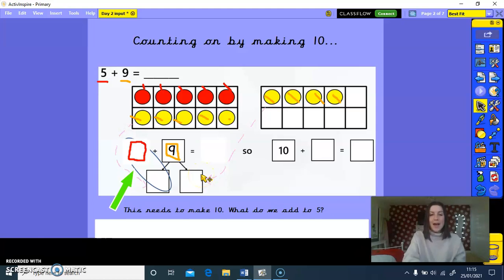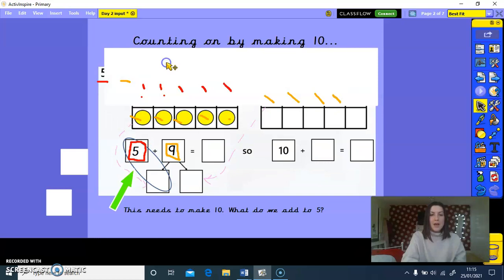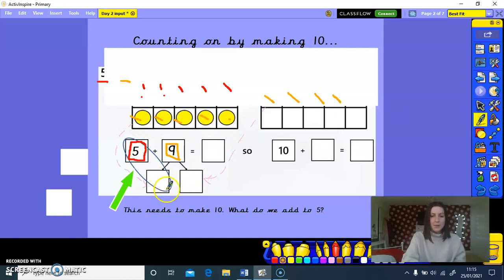And how we work out which should go in each part is by thinking about how we can make 10. And how we can make 10 is easily shown to us by the tens frame. So if I have got my 5 here, I've already got 5 red, how many are left in my tens frame to get to 10? 5 yellows.